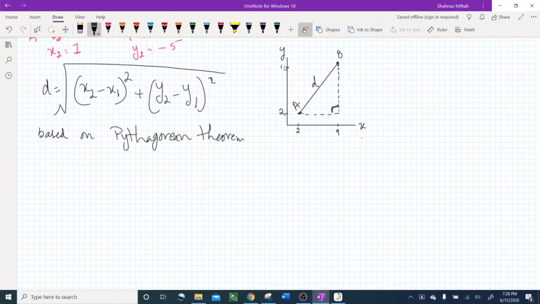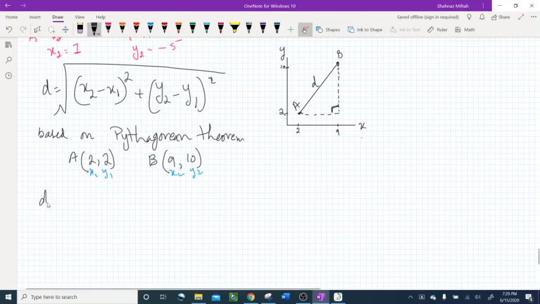That's 10. So for point A, my ordered pair is 2, 2. For point B, my ordered pair is 9 and 10. Now I'm going to make sure I use my labeling. This is my x1, that's my y1, that's my x2, that's my y2. Please make sure that you label them. This is very convenient when you do that.